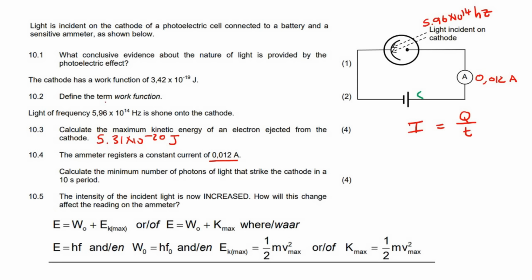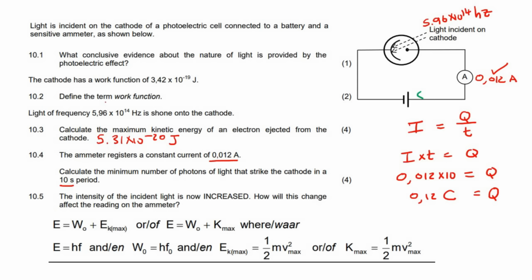So we could take the current, which they've given us, and the amount of time, and work out how much charge is coming past. Using the formula I times t equals charge, the current is 0.012, the time is 10 seconds, and so we get 0.12 coulombs.